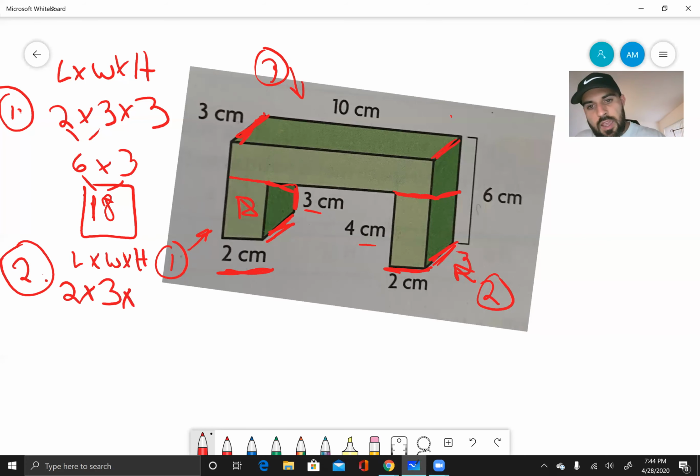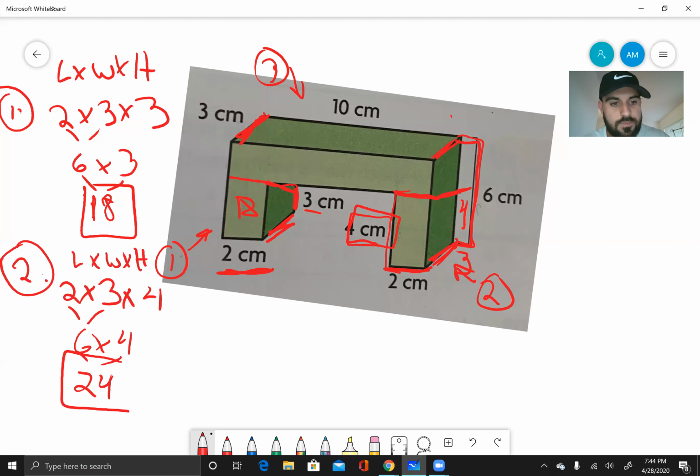And my height, okay? Now, this might get a little tricky. You might think 6, but if you notice I cut it, it helps me out right here. It has a height of 4. So we're technically using 4 centimeters of this total height of 6. So 2 times 3 would be 6, times 4 would be 24 cubic centimeters.